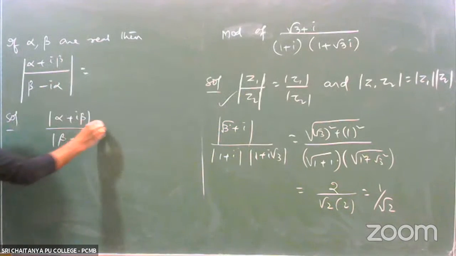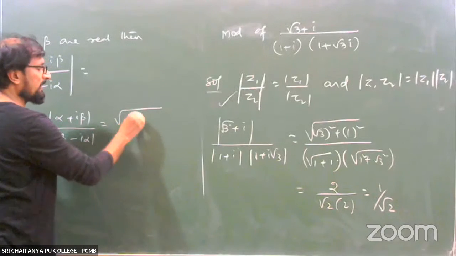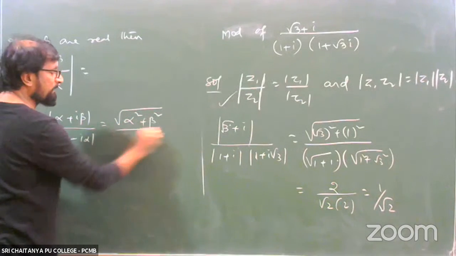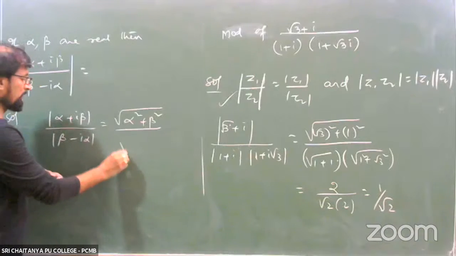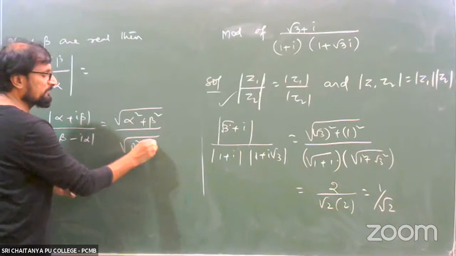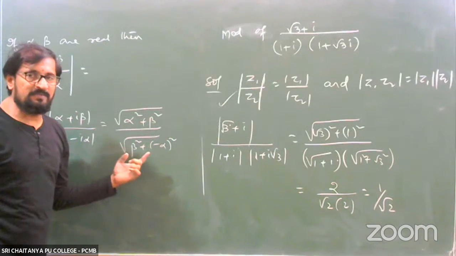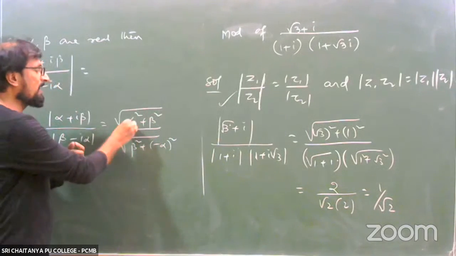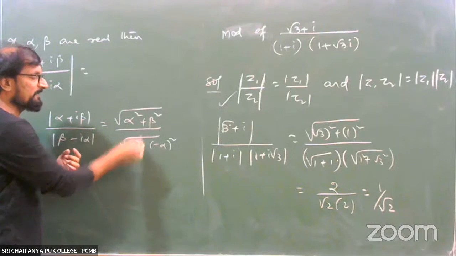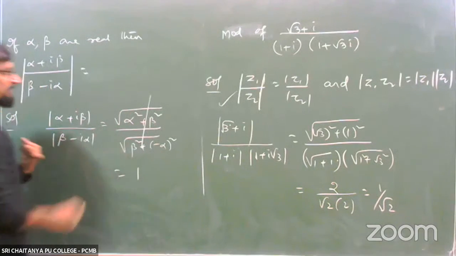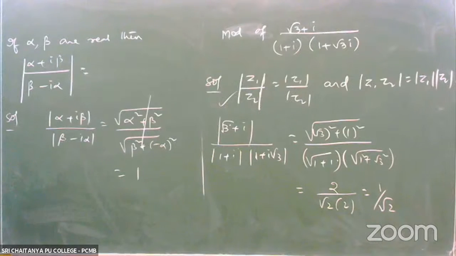So we can write this as root over alpha square plus beta square upon root over beta square plus minus alpha whole square. That is alpha square plus beta square by alpha square plus beta square, the value is equal to 1. Copy this one.